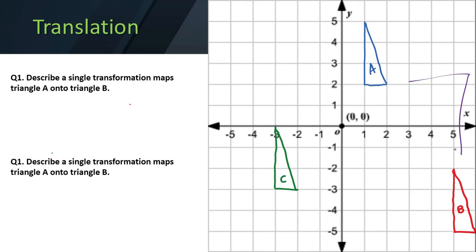So this is translation. Now when we describe this translation, we will not write the answer only that it is translation. When we write it is translation, then it is necessary to write the column vector also. So to find the column vector, we will mark just one vertex, the same vertex of object and image, and check how much it has moved on the x-axis and then the y-axis.